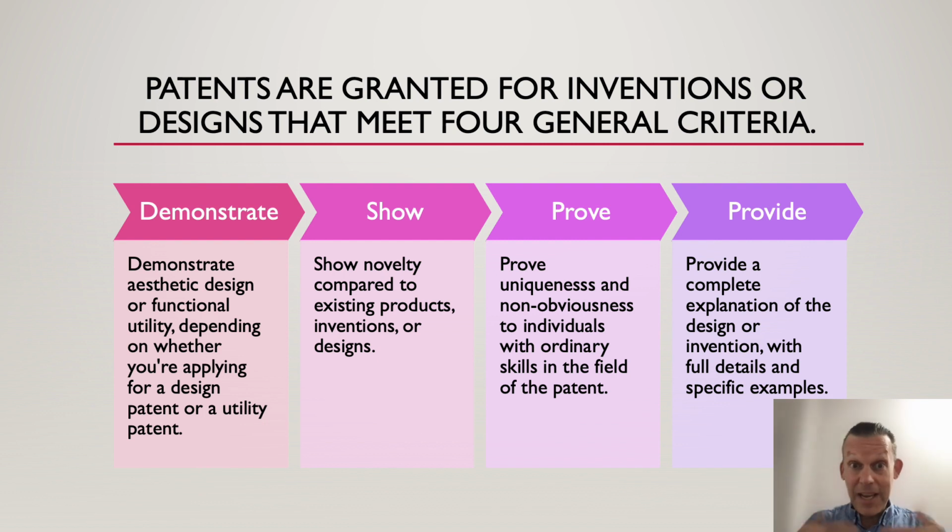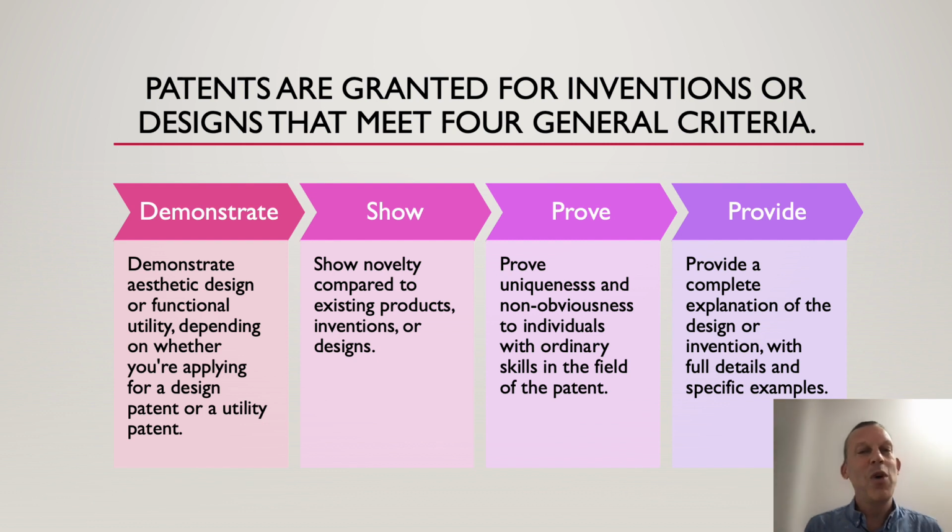To get a patent, we need to prove that our idea is unique and not obvious at all. And lastly, we need to provide a complete explanation of our design or invention. This may require using some high-tech computer-assisted drafting, or definitely someone drawing a picture of it.